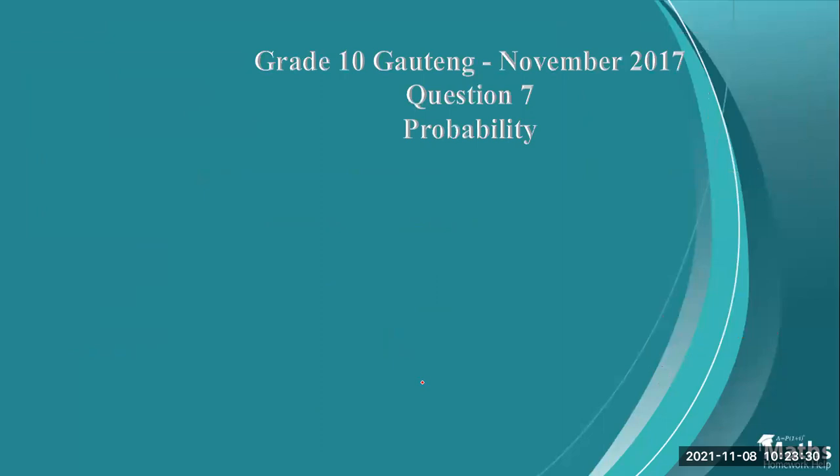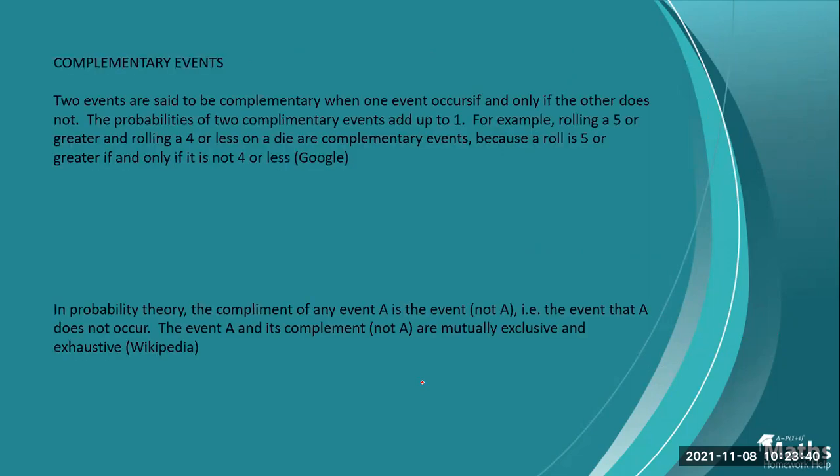I'm also now going to look at a question from the Gauteng paper from November 2017. So before we look at the questions, I want to discuss something. I want to discuss complementary events. It's something that you will see in grade 10 and in grade 11.